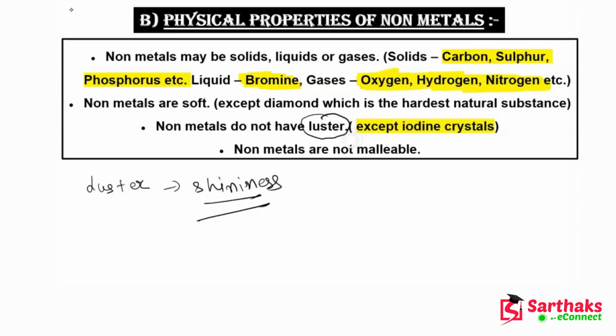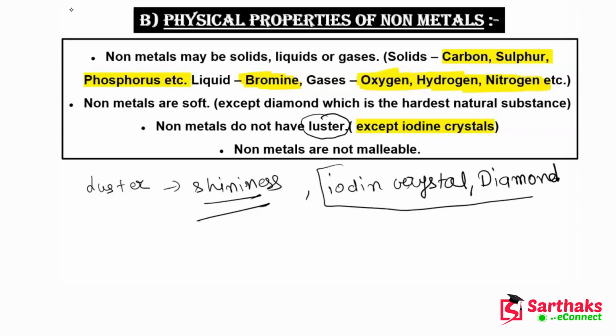But here also there is an exception. Iodine crystal is an exception to this property. Another example is diamond, which is also very lustrous. But except iodine and diamond, all the non-metals do not have luster.